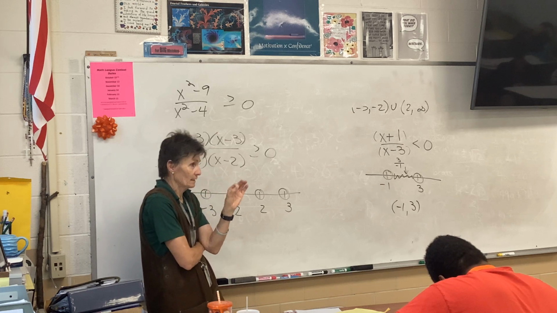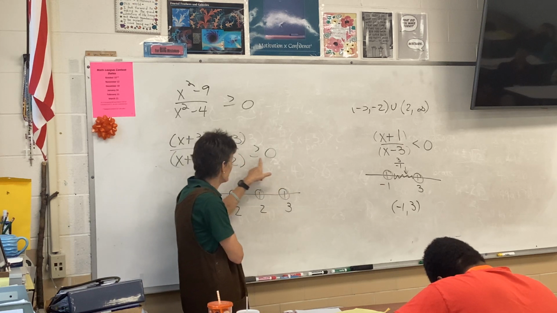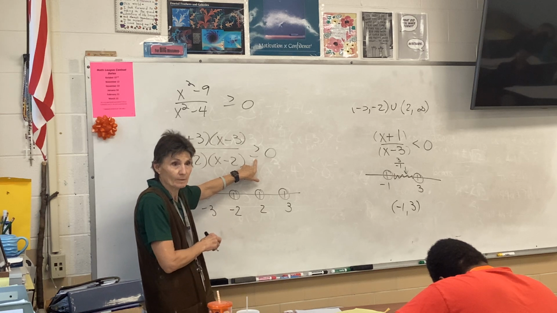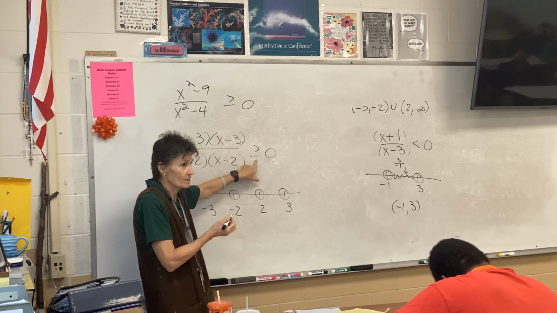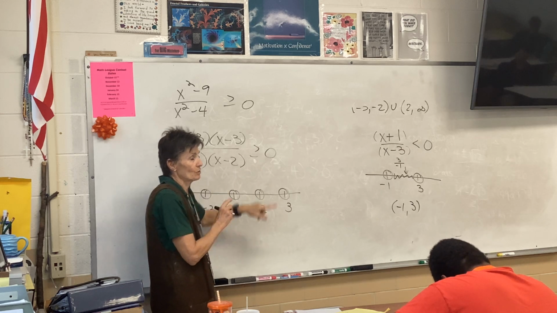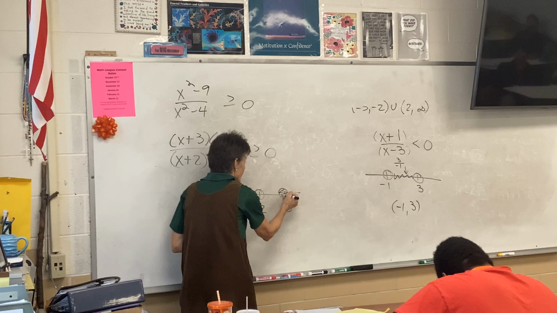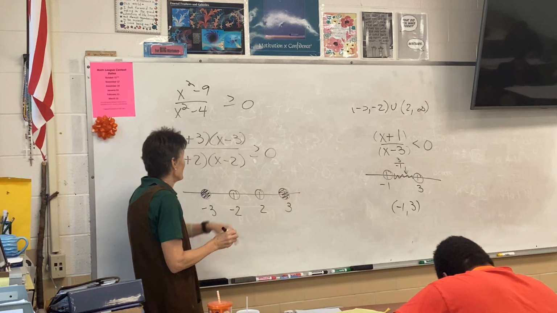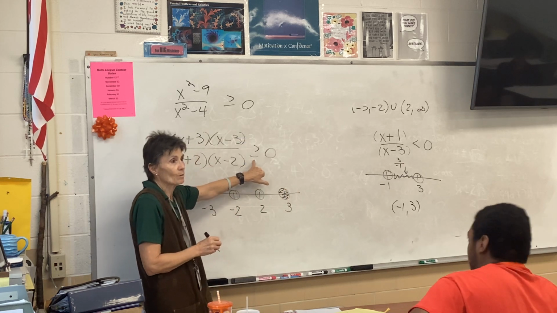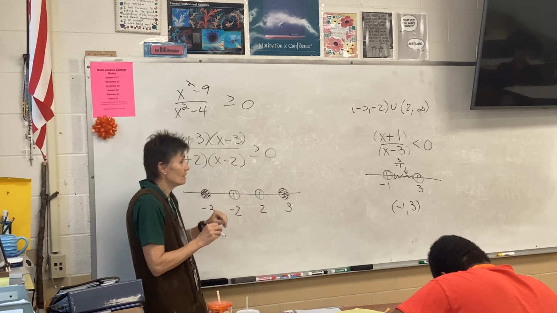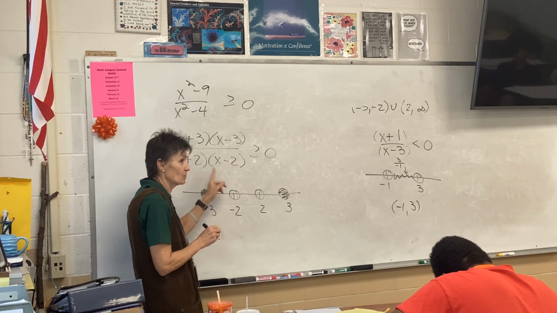Your gut feeling is that you should color in your dots, right? Of course. Here's the issue. I'm going to color in the -3 and the 3. But even though that's an or equal to, I can't color in the 2 and the -2.